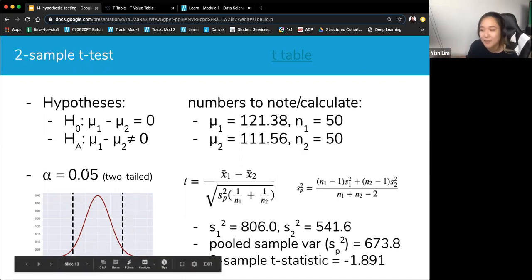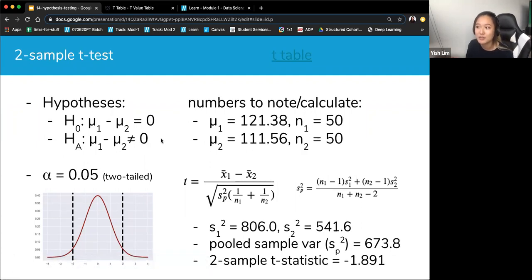The alternate hypothesis is that mu1 minus mu2 is not equal to 0. Got it? In a one-tailed test, you have either larger than or less than, but in a two-tailed test, it's always the null hypothesis being equal and the alternate hypothesis being not equal. Got it?